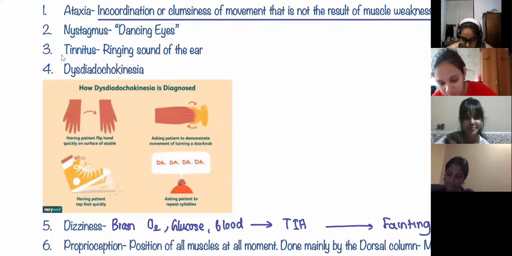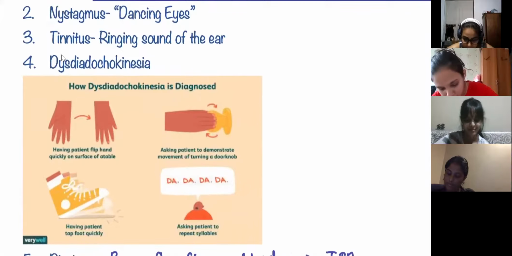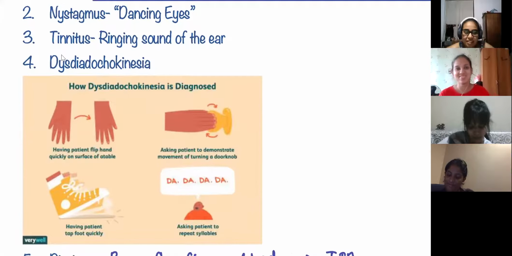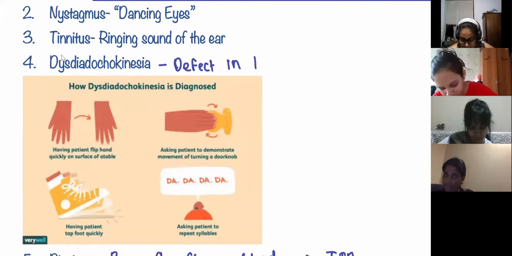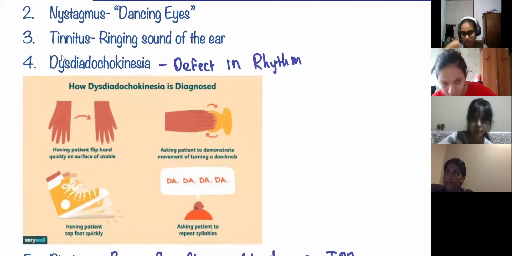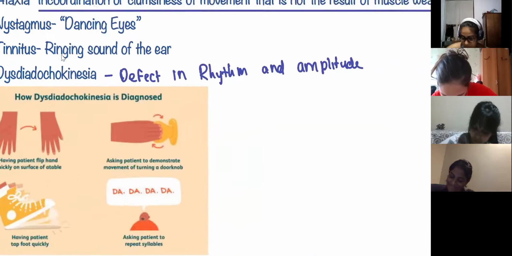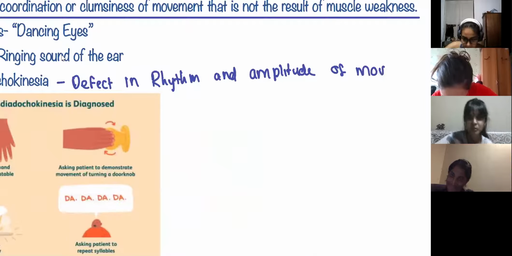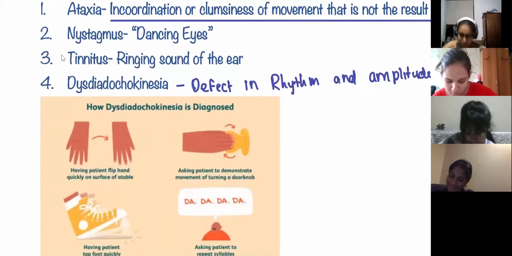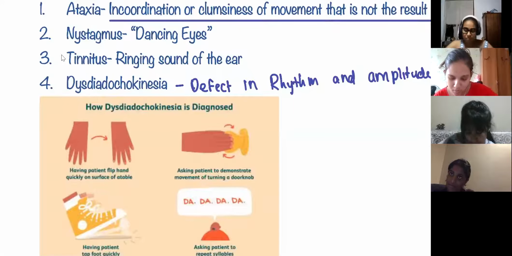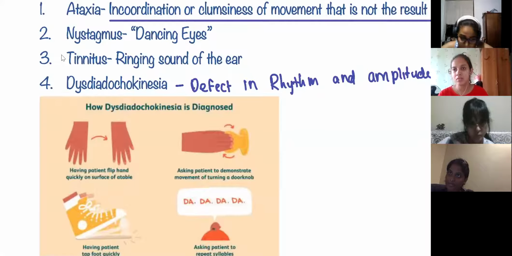And this word, dysdiadochokinesia, is a defect in rhythm and amplitude of movement. Basically, you ask a person to flip their hand, like this.